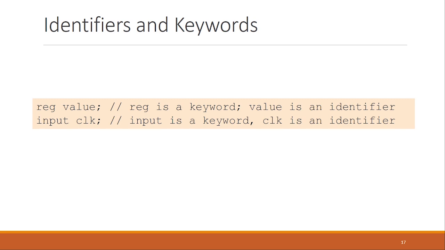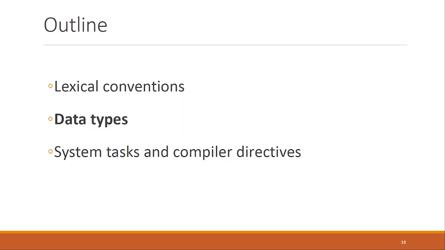This input is again another keyword in Verilog. And value and CLK in these two examples are identifiers because they are names that we have given to these variables in fact. So you can think of them as variables for now. The identifiers are the variable names basically. So that's about it regarding lexical conventions in Verilog.